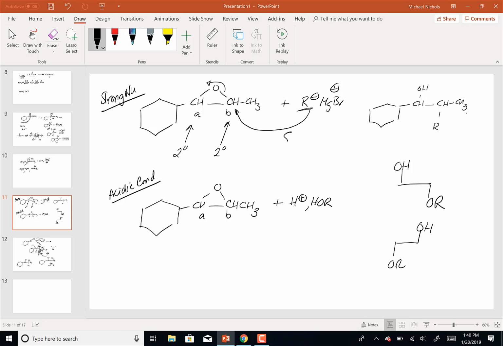Given that, this looks more like an SN2 reaction and is driven by sterics. So that's the ultimate difference between acid catalyzed, or under acidic conditions, and under strong nucleophile conditions.